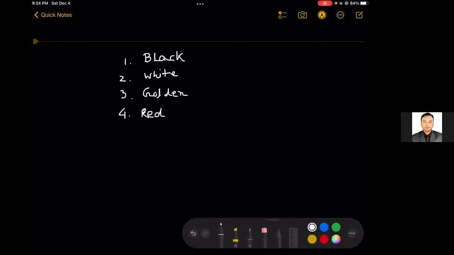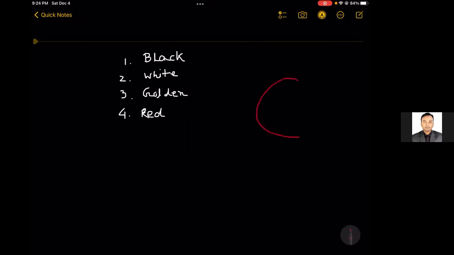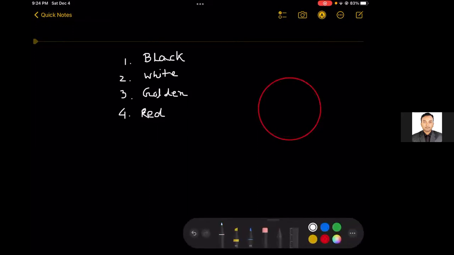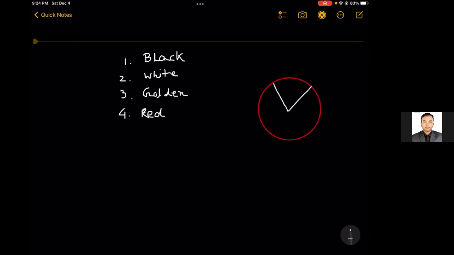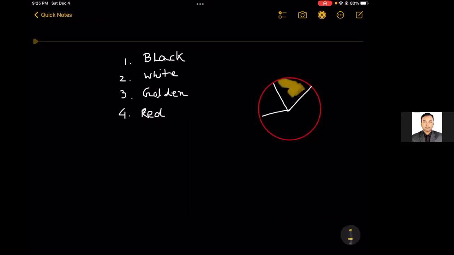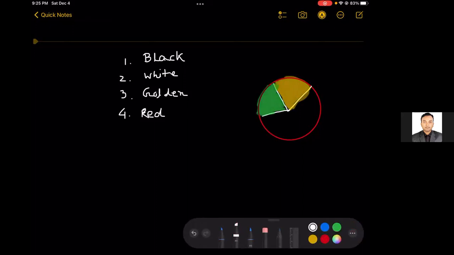We can clearly draw a pie chart using different colors like this. And we could probably do things like this, saying that this yellow portion means black, this green portion means white. I think we should have one more. Let's try here. Sorry.